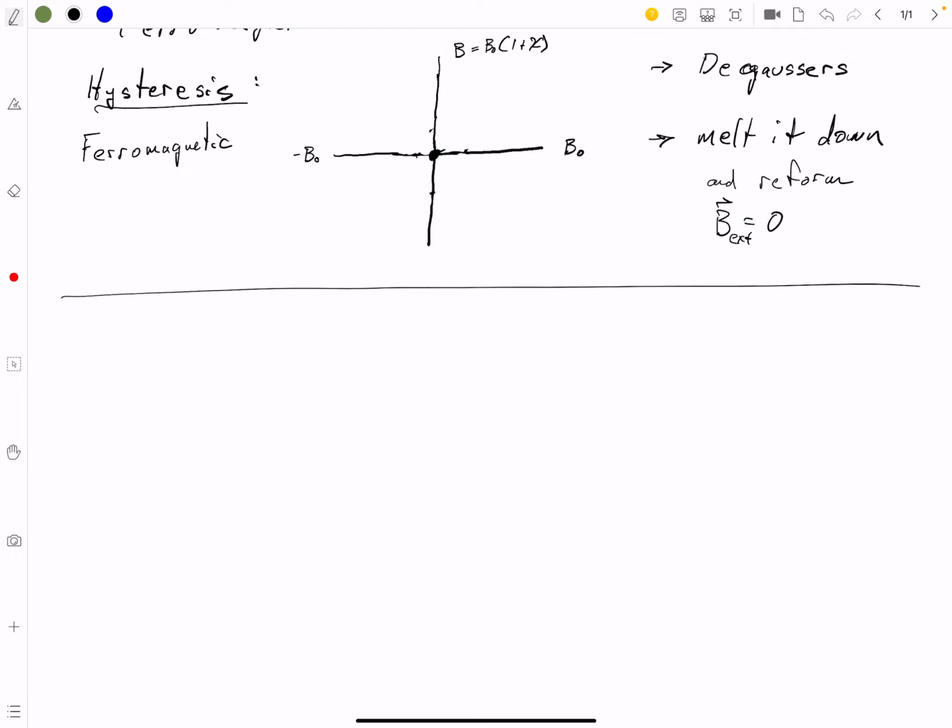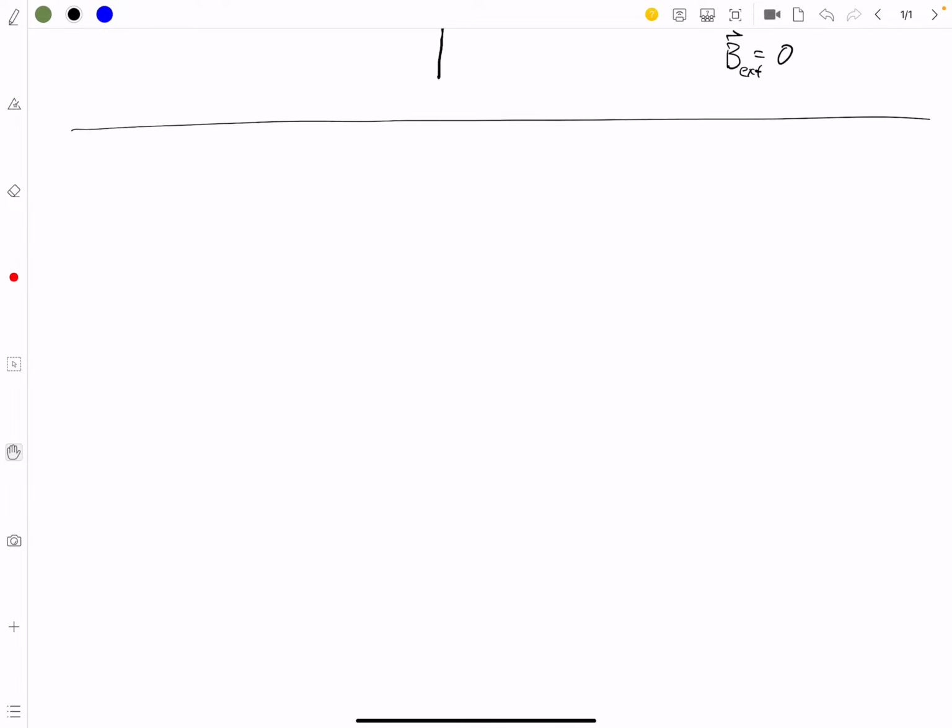Okay, degauss that sucker. Melt it down. That's like dropping a nuclear bomb on the situation. Okay. All right, so let's get after this a little bit.